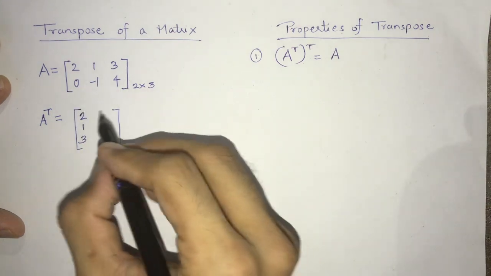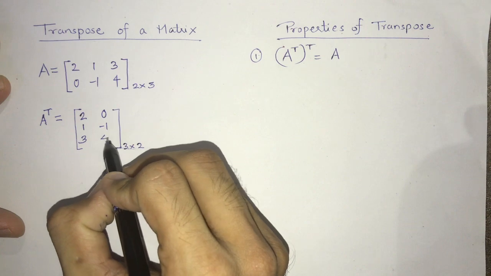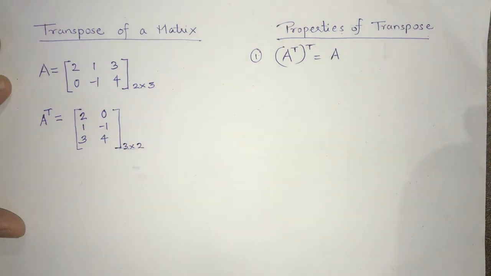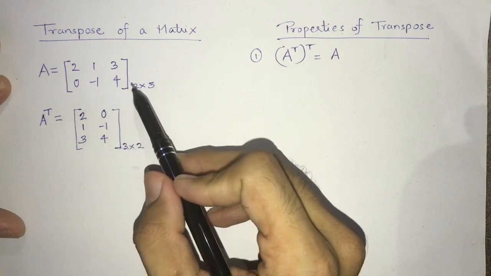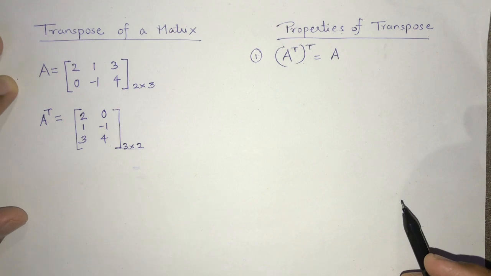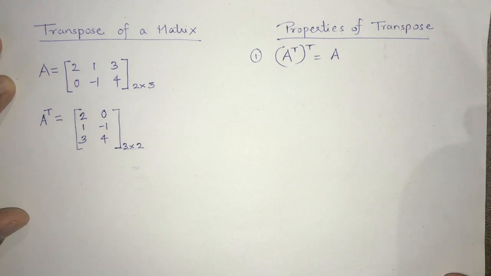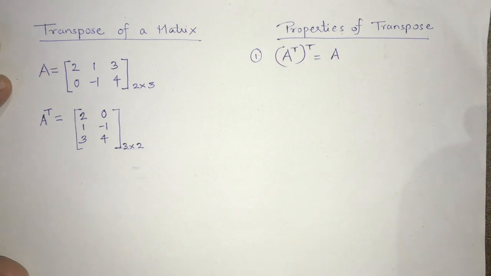First row will be written as first column. Second row will be written as second column. So that is transpose. Okay, so we have already discussed this in the previous videos. So let us go on to the properties immediately. We'll take this example ahead.